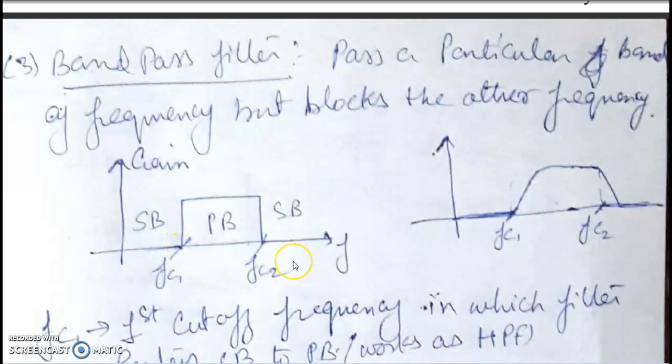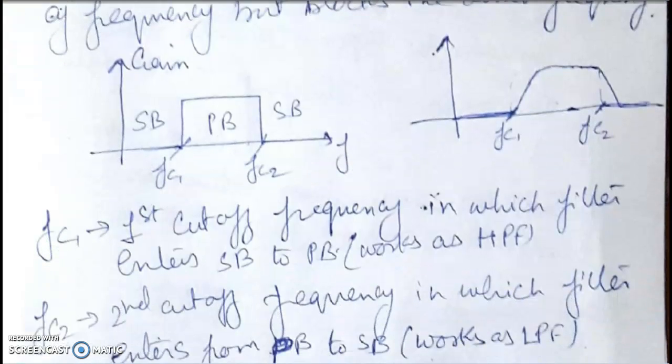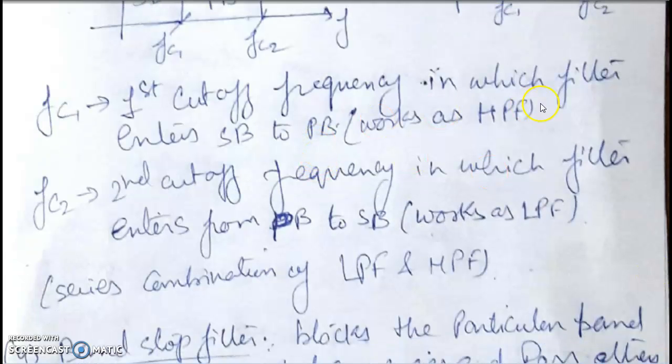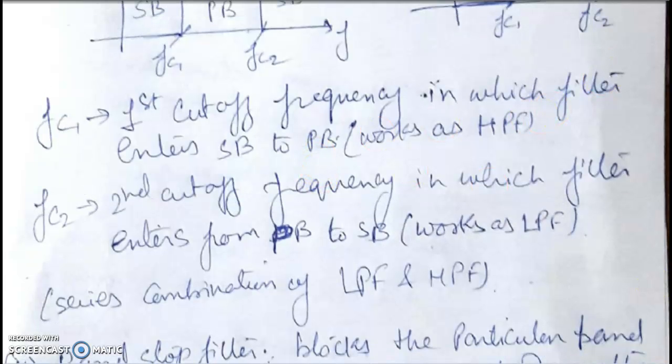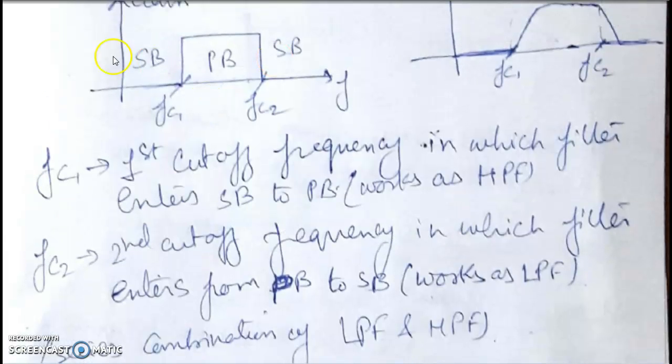So two cutoff frequencies are there, FC1 and FC2, and filter will pass a certain band of frequency. So first cutoff frequency is the frequency where the filter is entering the pass band from the stop band, and second cutoff frequency is the frequency where this filter is entering the stop band from the pass band. Band pass filter is also known as series combination of low pass filter and high pass filter.